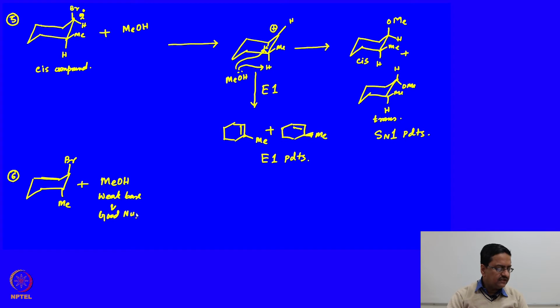In this case, the carbocation that is formed is this one, so from here one can only get two SN1 products as before.